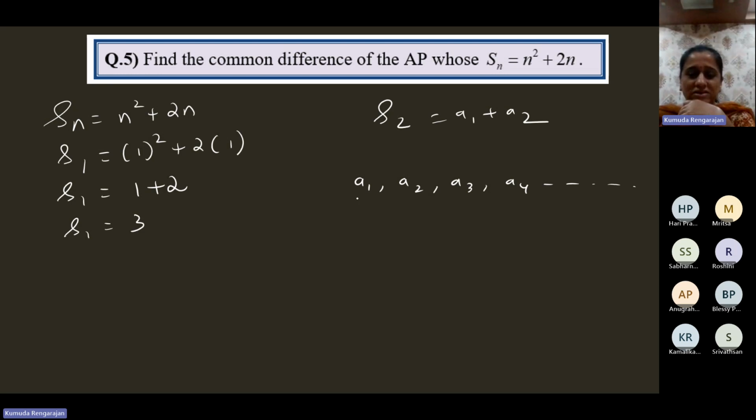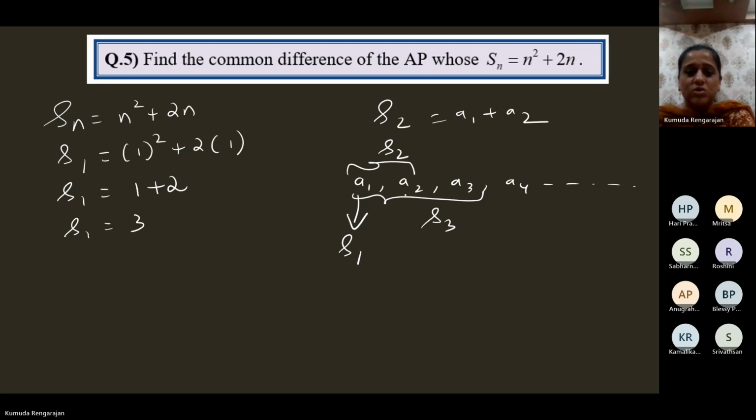S1 is the first term itself. S2 means the sum of these two terms, A1 plus A2. What is S3? The sum of the first three terms of the AP, A1 plus A2 plus A3. What is S4? A1 plus A2 plus A3 plus A4.